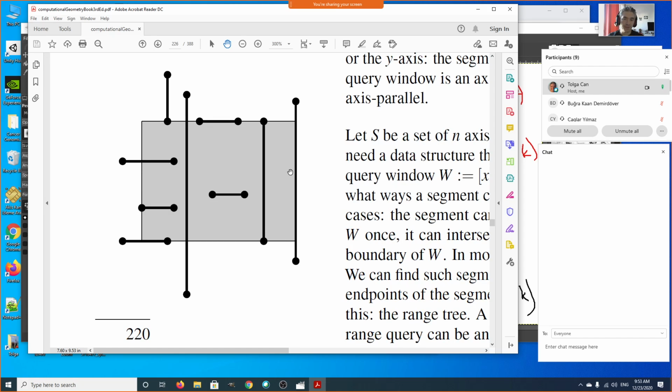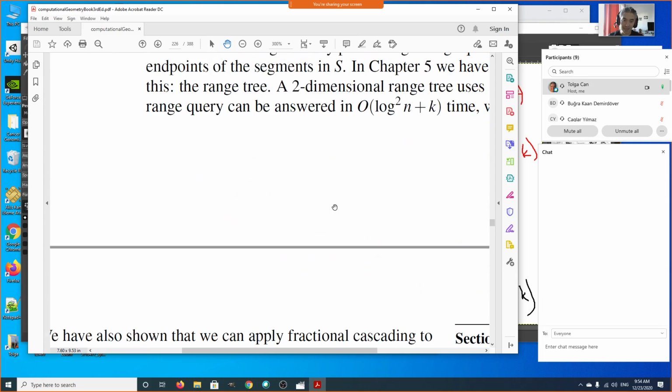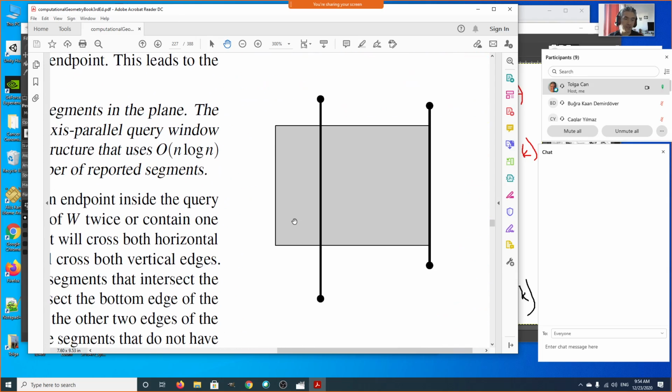It shows a number of possible cases where horizontal and vertical line segments intersect our query window. And all of the line segments that have one endpoint inside or on the bounding box, on the query window, can be handled by using the techniques that we have developed in chapter 5. Okay, so we are going to then focus on only such cases.